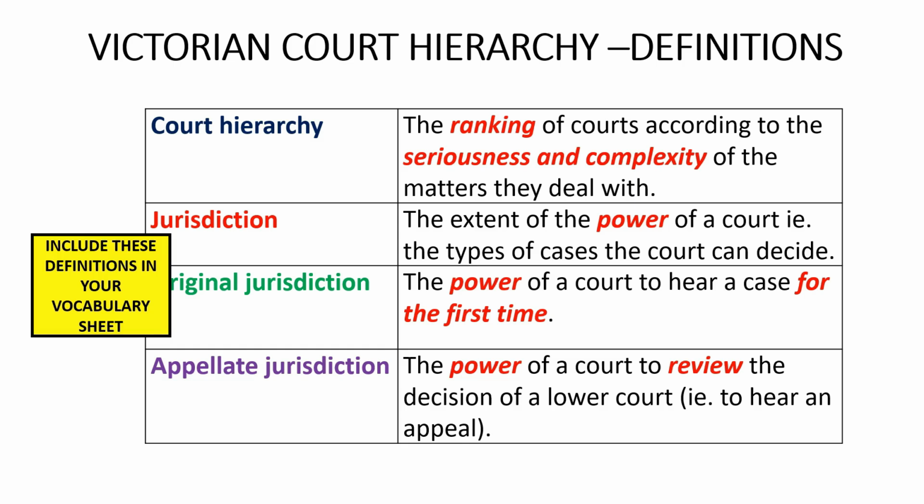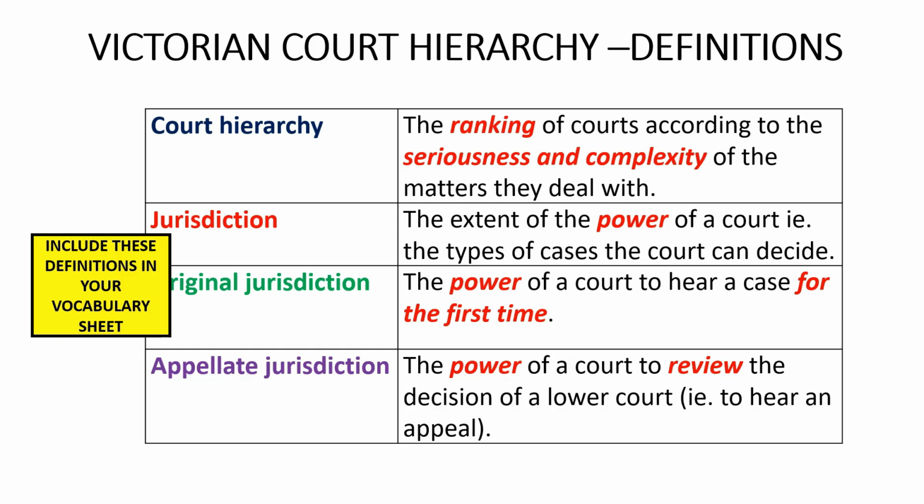A court hierarchy is the ranking of courts according to the seriousness and complexity of the matters they deal with. In your definition, highlight the words ranking and seriousness and complexity, and if ever you're asked to define the term court hierarchy, make sure that you use those highlighted words in your definition.